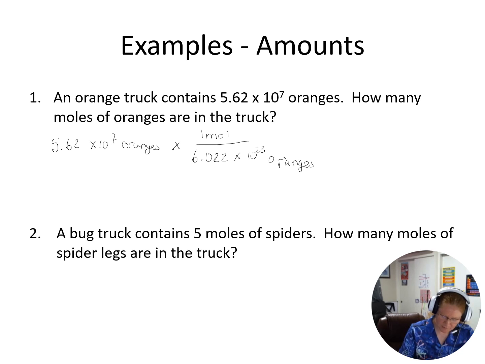When you're doing something like this with a large exponent on your calculator, what you should do when you key this in is use parentheses. The math here is 5.62 times 10 to the 7th times 1 over 6.022 times 10 to the 23rd, which is essentially just 5.62 times 10 to the 7th divided by 6.022 times 10 to the 23rd.